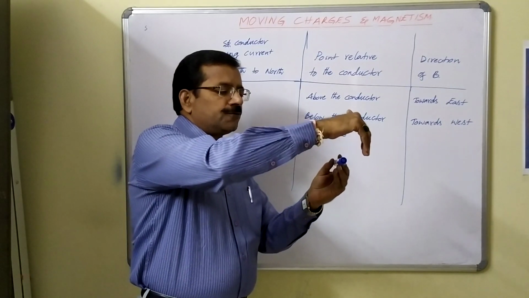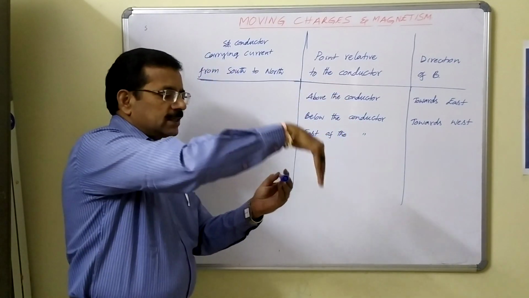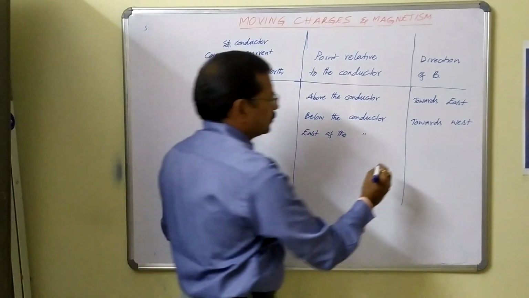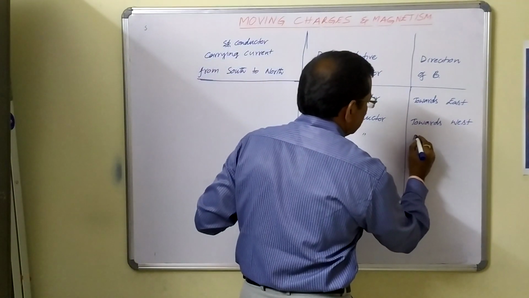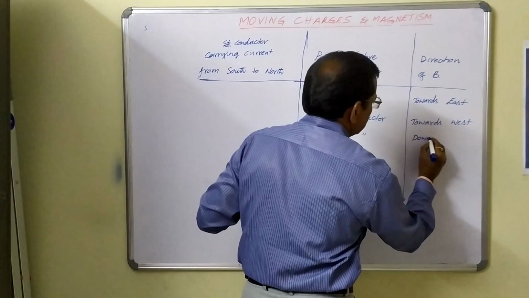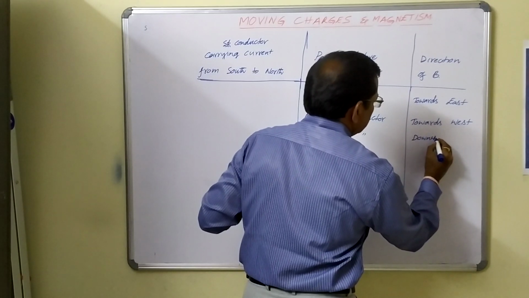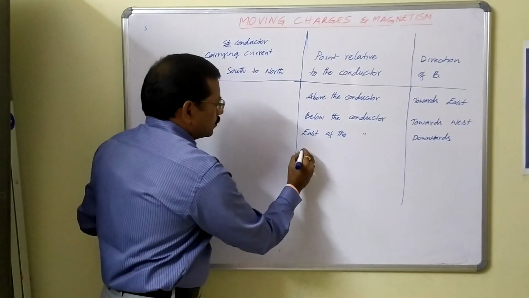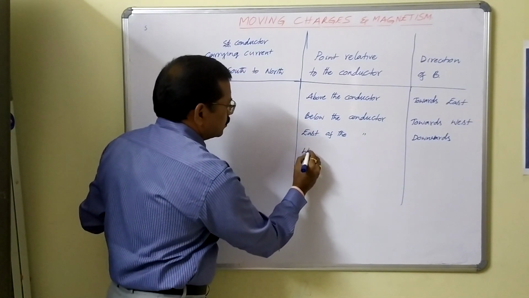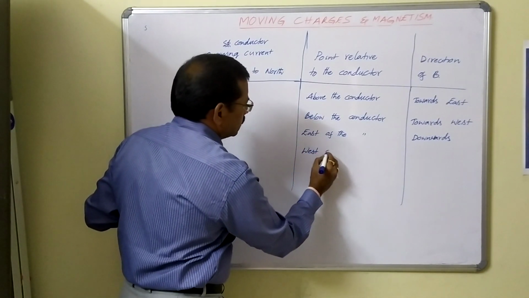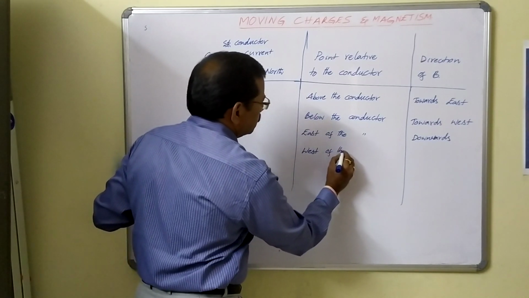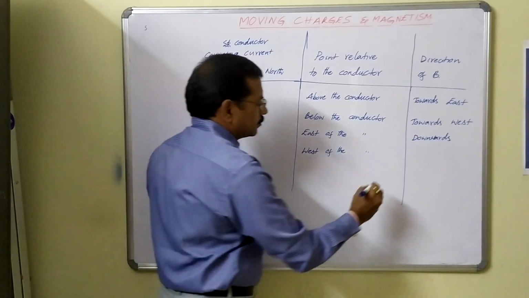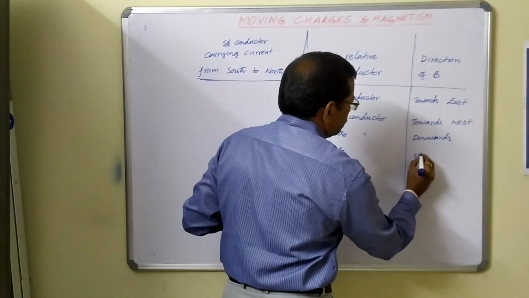At this point, if you draw a tangent, it is vertically downwards. So the direction of B is downwards. At a point to the west of the conductor, obviously it is upwards.